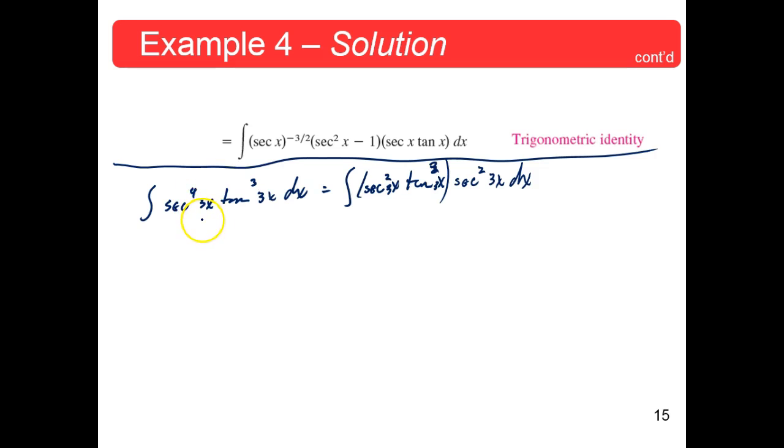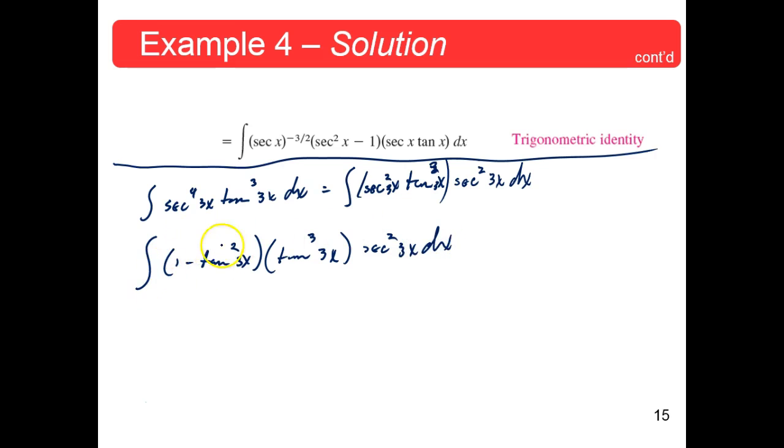Since this is the derivative of tangent, we want this in terms of tangent. And what is secant squared in terms of tangent squared? 1 plus tangent squared 3x, times tangent cubed 3x times secant squared 3x dx.